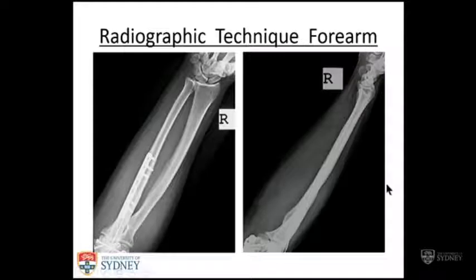But look what happens if you've got a patient that's had surgery. What will happen then is the patient's had this arm plated, and what the orthopaedic surgeon will want to see is the alignment of those plates.